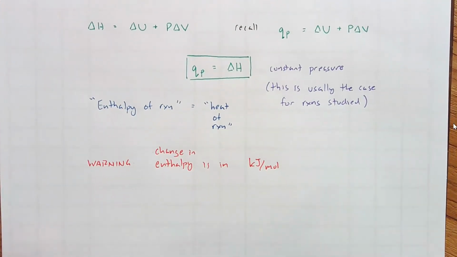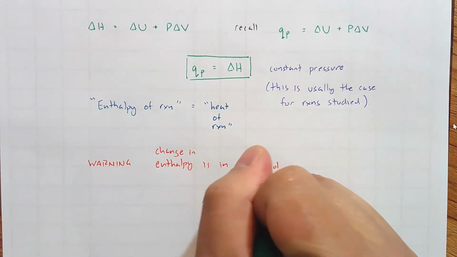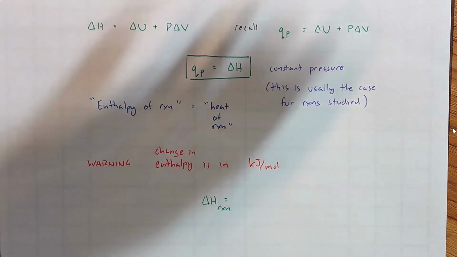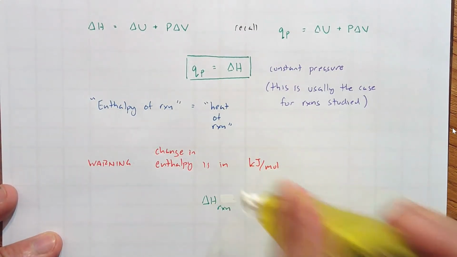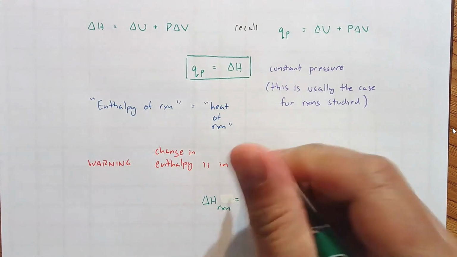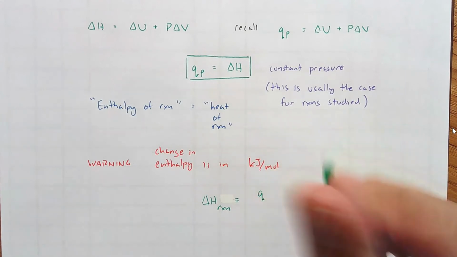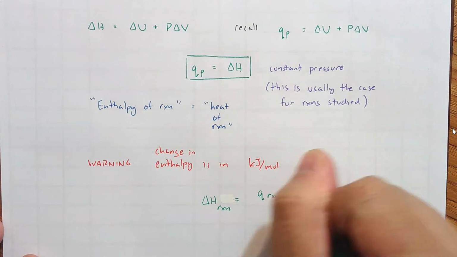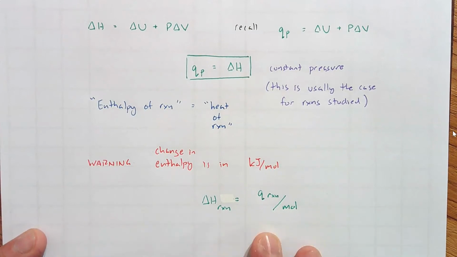So we are going to augment this equation right here, and we're going to say delta H of the reaction equals the heat of the reaction divided by moles. And now we're not going to put P anymore. We're going to assume that it's at constant pressure. This is the one we should box.